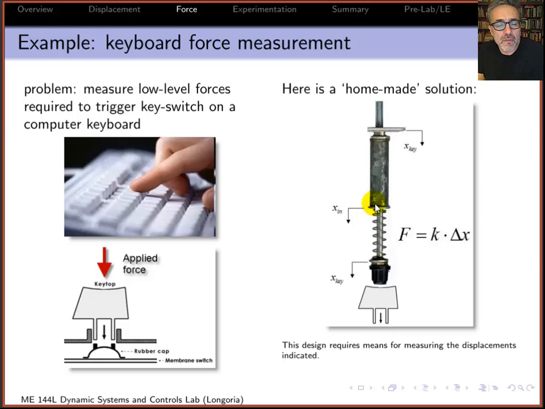If you can measure the motion of these two pieces, this shaft can move with the key, and then you can push down on this part here, and by measuring that deflection, that distance, you can then infer force. A real simple type of force measurement device, and the idea is you can make these if you can understand, again, the relationship between force and displacement and the structural design, in this case a real simple spring.